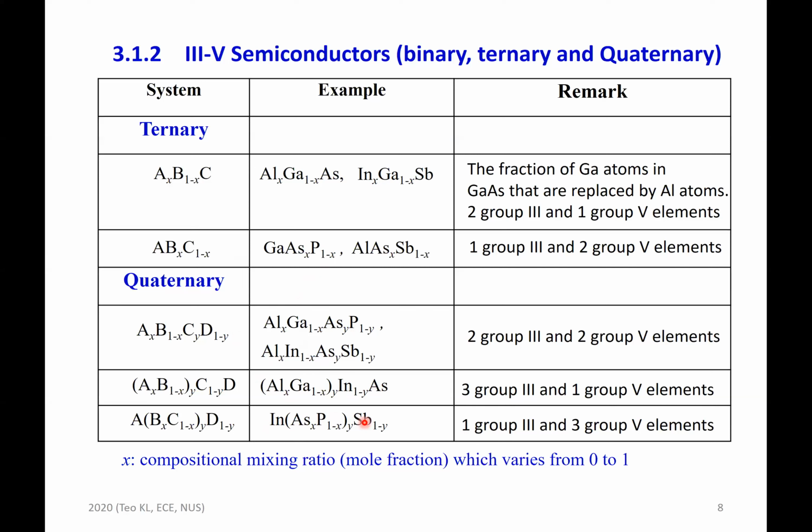So do not worry too much about the position where we put the X and Y composition. As we go along, whatever composition we discuss, X and Y will be positioned accordingly for our discussion.